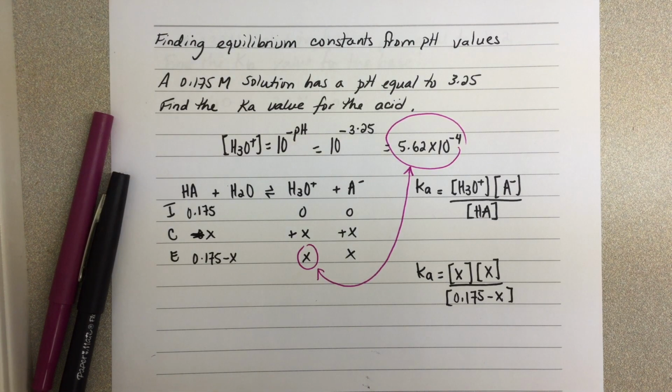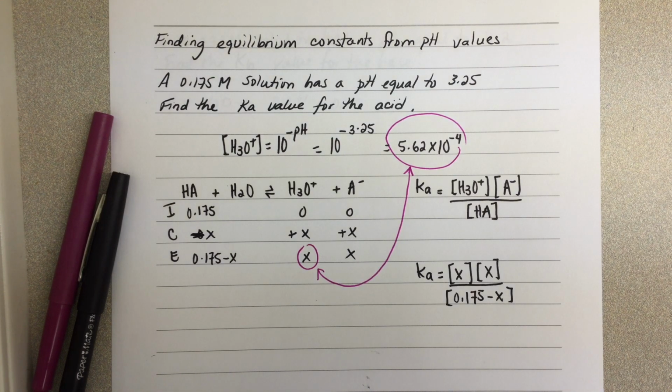In this problem, you don't have a value of Ka. So you cannot assume that your initial concentration and the concentration at equilibrium are going to be the same, because you don't know if you're getting a Ka that is 10 to the minus 3 or minus 2. Chances are that you still get a Ka value that is 10 to the minus 4 or smaller than that, but we don't know that.